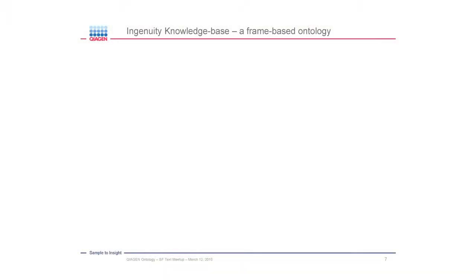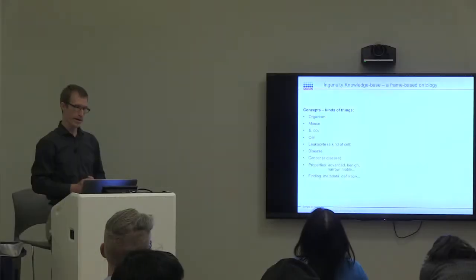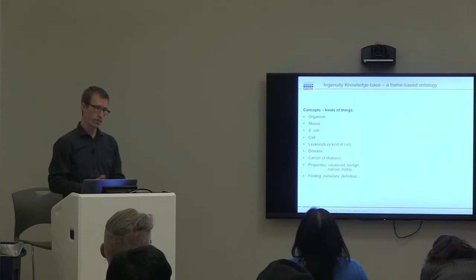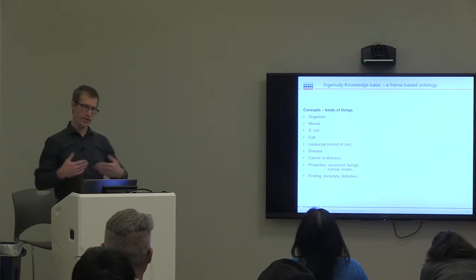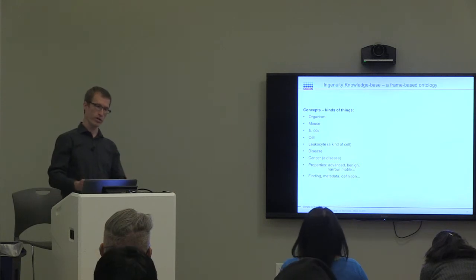So we use a frame-based ontology, and I'm going to talk a little bit about what that means. First of all, we have concepts, that is to say, kinds of things, and the kinds of things can be any kinds of things. We model the concepts of the things directly, so we are not at a remove.